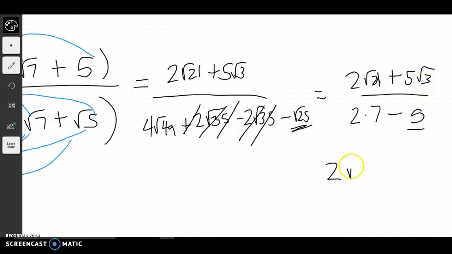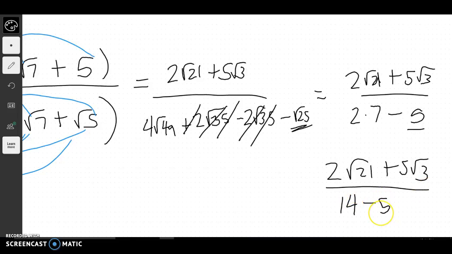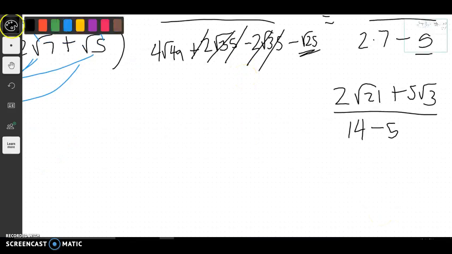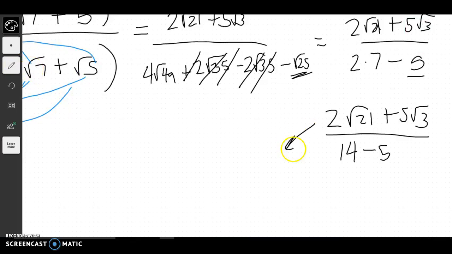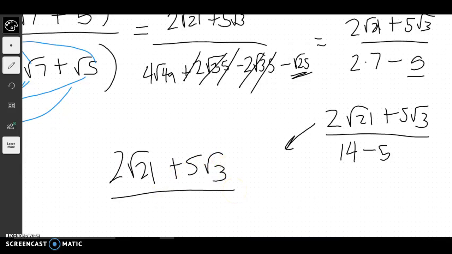So my final answer would be 2 radical 21 plus 5 radical 3 over 14 minus 5, which you could simplify that bottom a little bit more and get your final answer to be 2 radical 21 plus 5 radical 3 over 9.